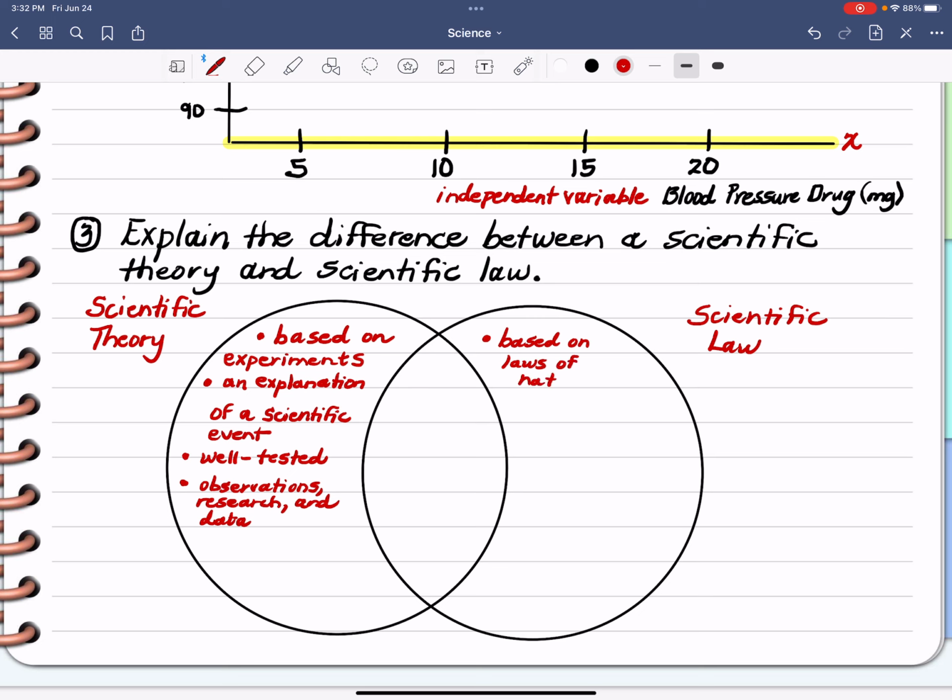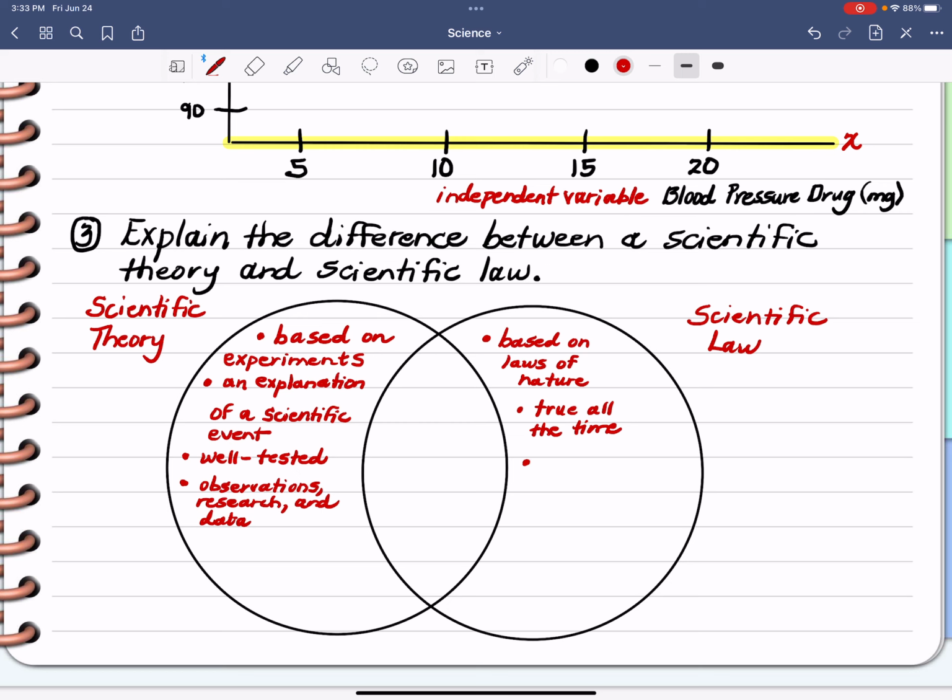For example, when Newton observed the apple that fell from the tree onto his head, allegedly, it's a law of nature that the apple falls down. Instead of flying off into space, the law of gravity pulls the apple down. So scientific law is based on nature, and it's true all the time. Theories can be supported or rejected, but not scientific law. They're true all the time.